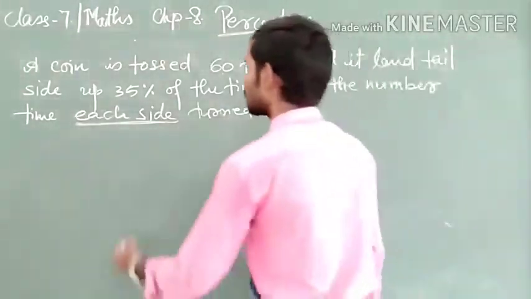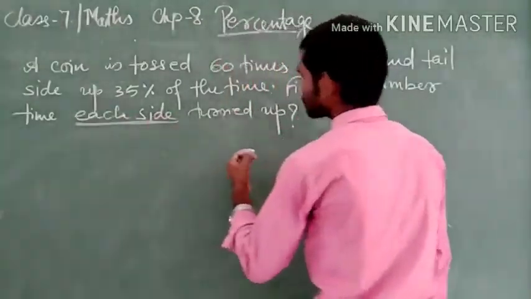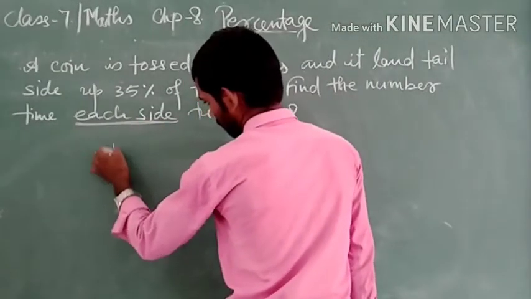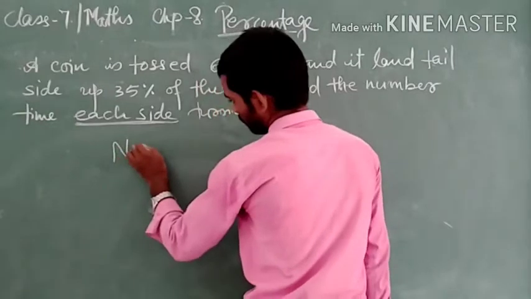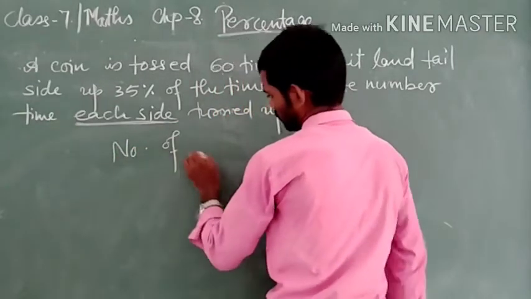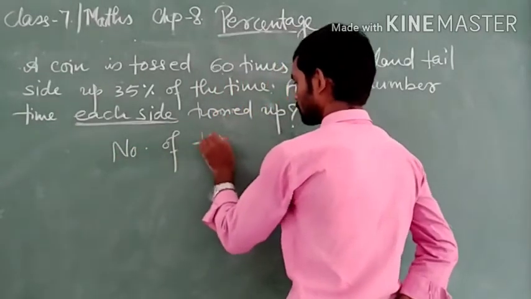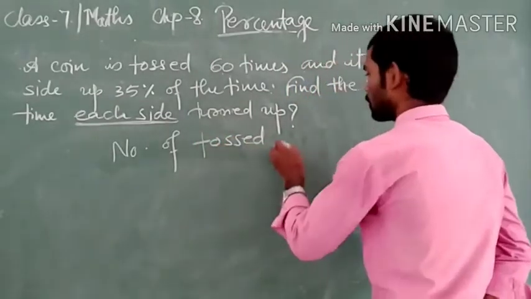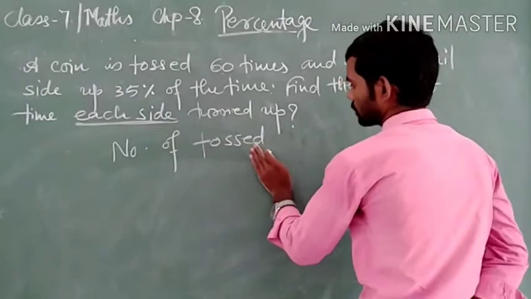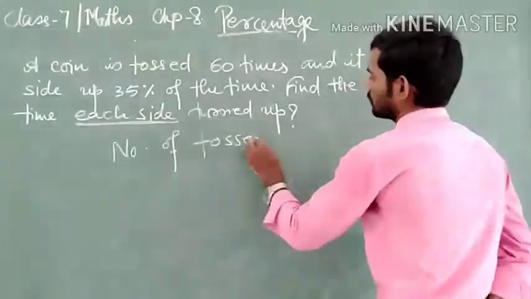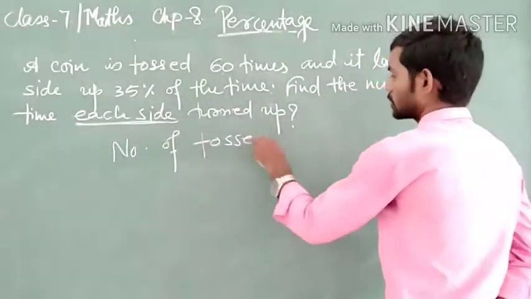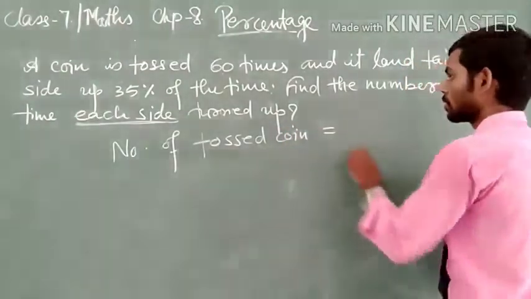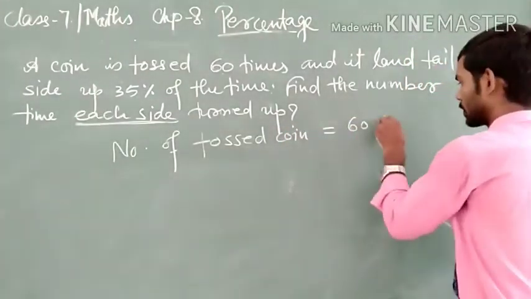Here we write: the number of tosses, the number of tossed coin, is equal to 60 times.